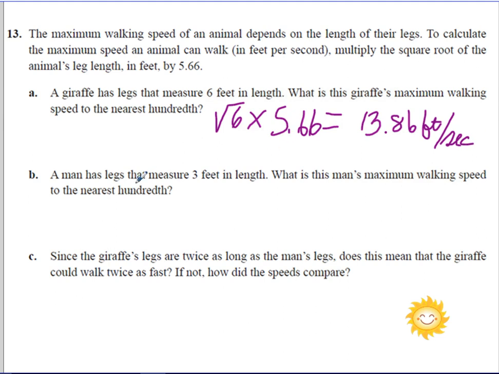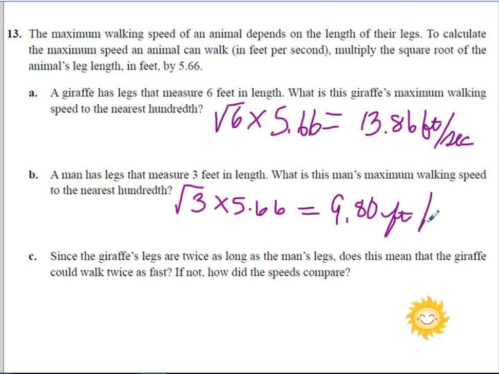And then the man has 3 feet long legs approximately, so we'll plug in 3 for the length, and we need to multiply that by 5.66. And that gives a man's walking speed of approximately 9.80 when we round it to 2 decimal places, feet per second.